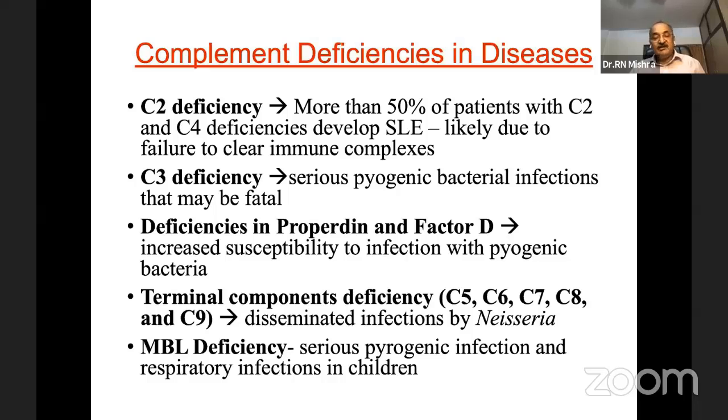If you have absence of C3, you cannot tackle bacterial infections. With deficiency of properdin and factor D, you have increased susceptibility to infection with pyogenic bacteria. If you have deficiency in the terminal complement MAC, you can have Neisseria infection, and mannose binding lectin deficiency causes serious pyogenic infection.